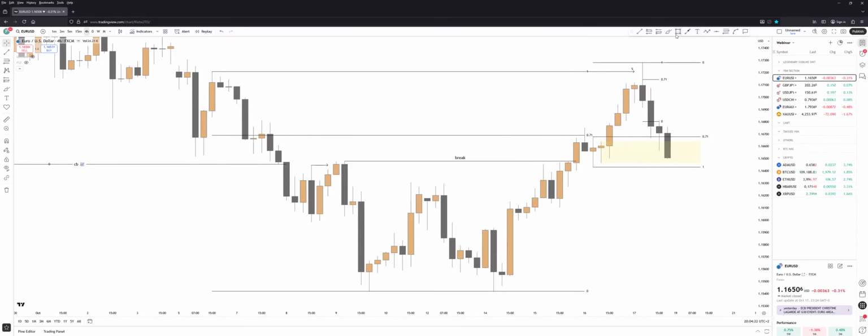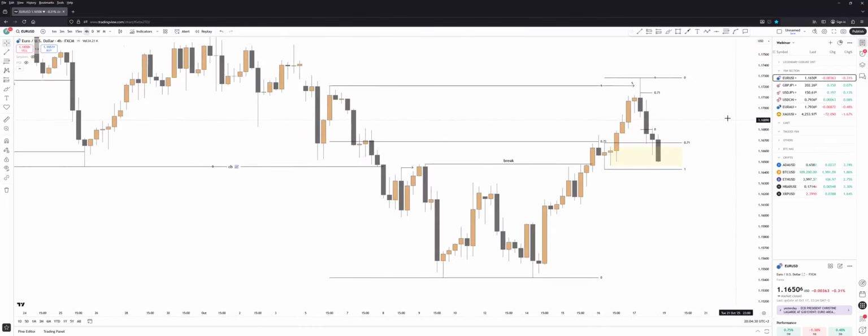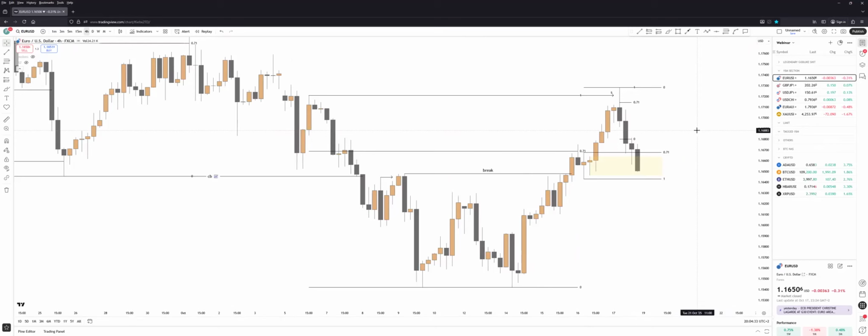So let's just begin with the first pair, which is Euro US dollar. All right, so what do we have on Euro US dollar? Basically, I just applied the advanced structure mapping technique that I put out in the last recent educational video. Is there a picture about it yet?